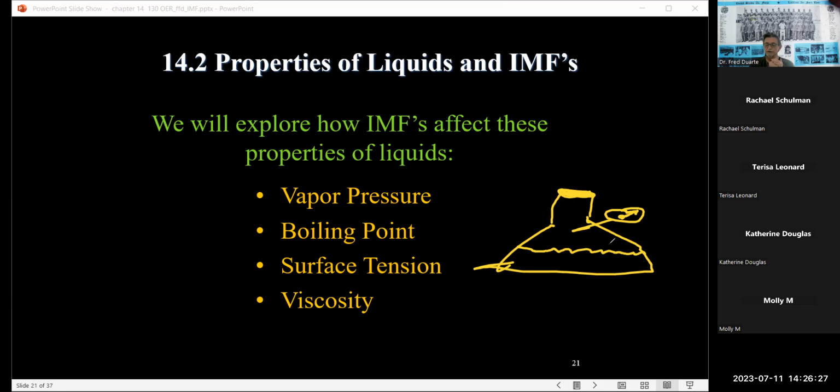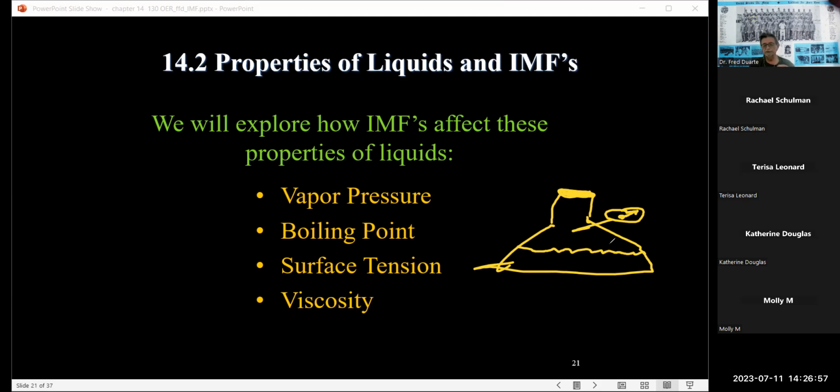So it takes less energy to drive the molecules of alcohol away and kick them into the vapor phase. They're all related to intermolecular forces. So you can see how important it is. If we're going to compare and contrast, we have to assign an intermolecular force to the molecule, and then based on the strength of the IMF, be able to determine relative vapor pressure and boiling point.